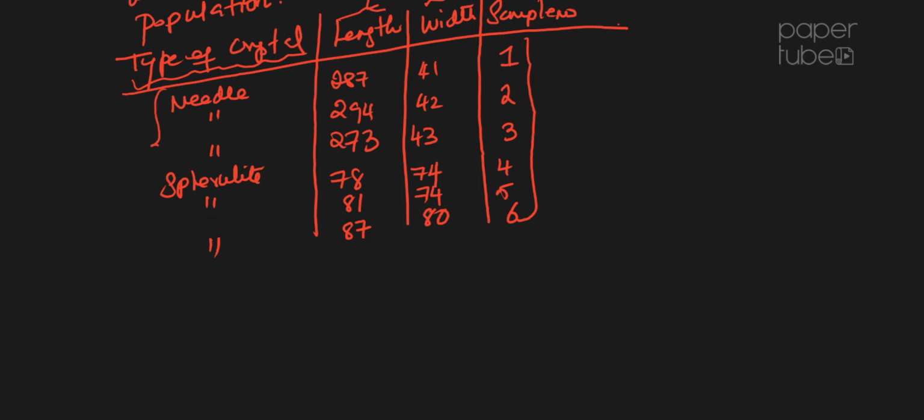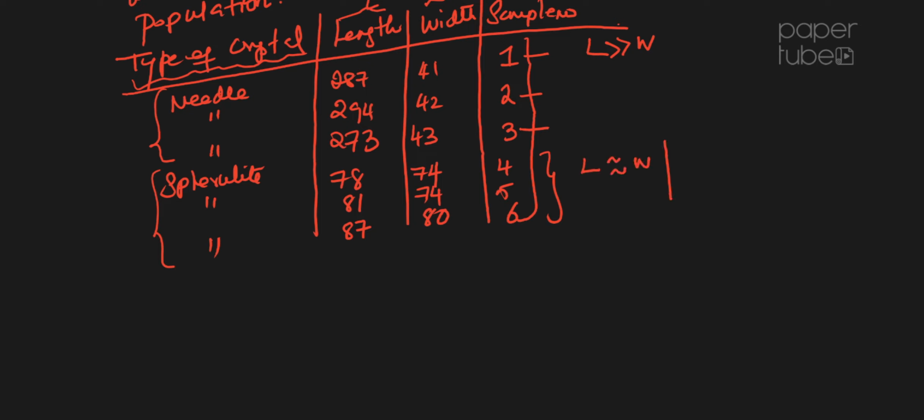One is needle shape, and the other category, the second category, is more or less like a spherical particle. Even if you look at the data, it's clear. If you see the first 3 data points, 1, 2, and 3, their length is much larger than the width. For the last 3, sample numbers 4, 5, and 6, length is almost equal to width.